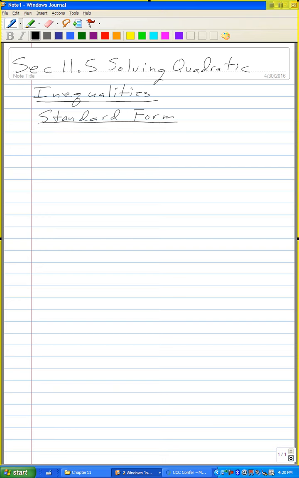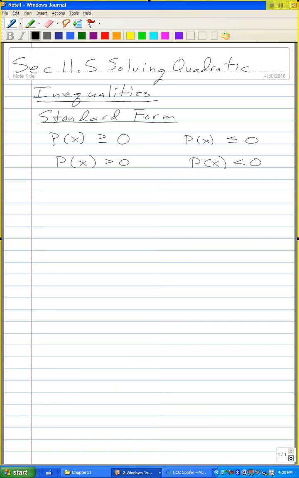An inequality of the form, some polynomial or even rational function greater than or equal to 0, greater than 0, less than or equal to 0, less than 0, will be said to be in standard form. So standard form means that the right-hand side of my inequality is 0.